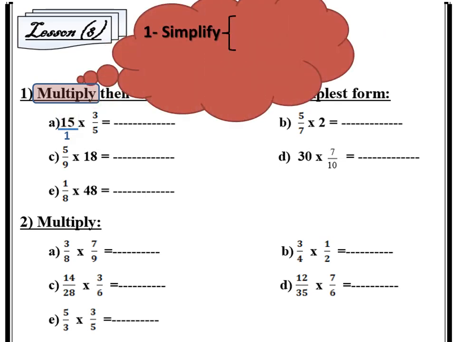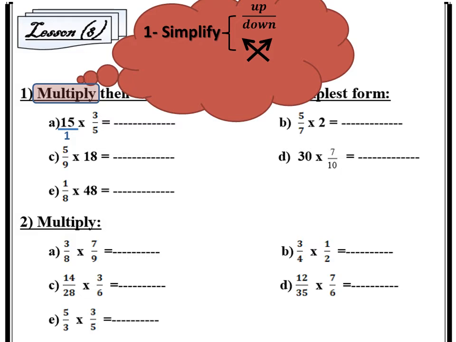Then we are going to simplify up by down, in the cross way. If the cross way numbers are not together in any timetable, I can simplify up and down together in the same fraction. As we said in class, we have two ways.